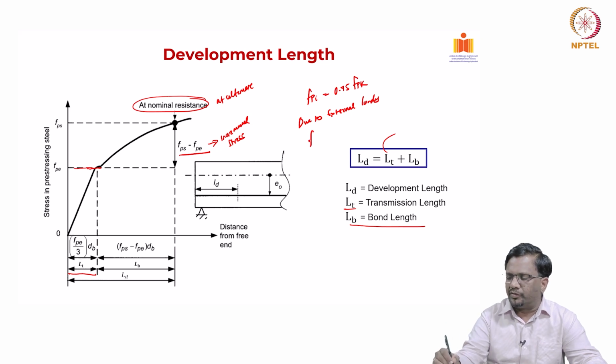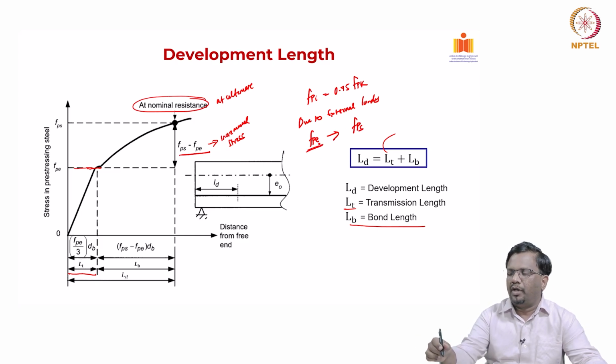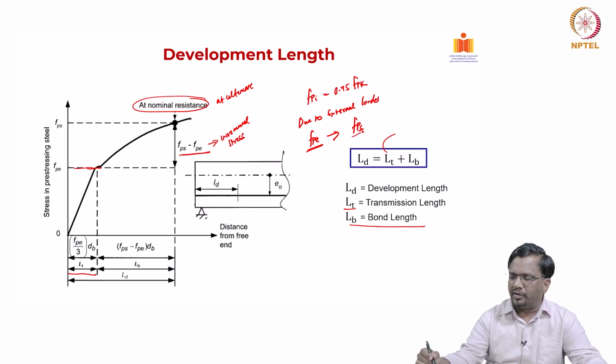So, due to losses, first it will become fpe, then fpe will become some stress fps. This is due to external loads, right. So, this is effective prestress. After jacking, you will have some losses also that we need to account for, and then due to external loads, it is going to develop into the higher strength that you are going to use.